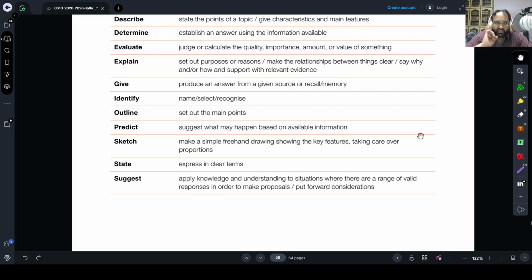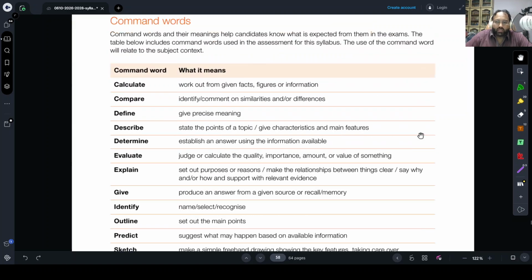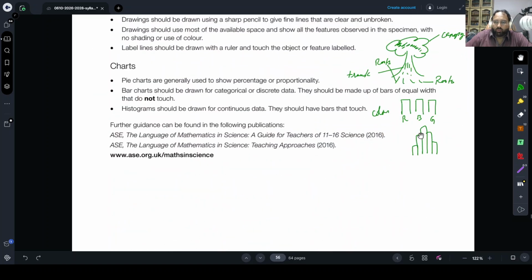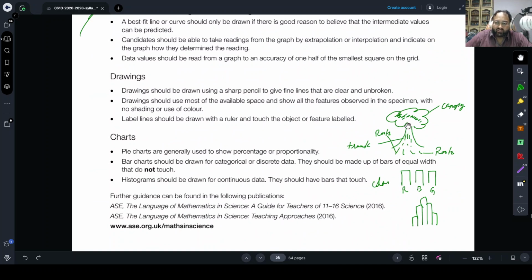Sketch is, as we just went over, making simple freehand drawings showing key features, taking care over proportions. So for example, if the actual tree has a much thicker canopy, then I need to draw it that way, and this would be incorrect.